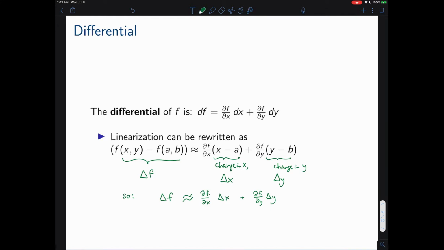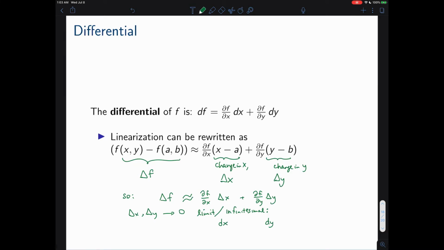And now if we let delta x and delta y go to 0, and we took a limit or an infinitesimal, then in the infinitesimal version, this would be written as dx and dy, an infinitesimal version of delta x and delta y.